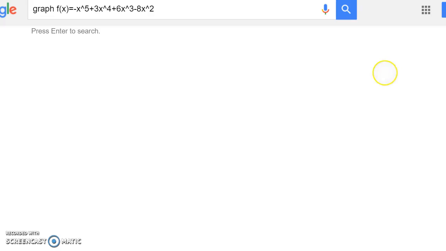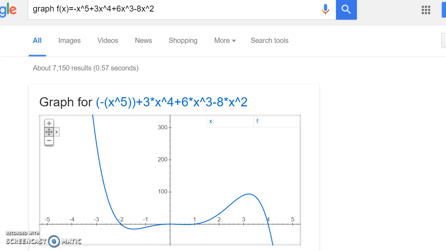And let's graph that. Okay, and we see, oh look, there's a minus out front. Our ends are still pointing in opposite directions, but notice it's different than when we had a positive leading coefficient. Again, we're crossing a couple of times. These look like our x-intercepts.